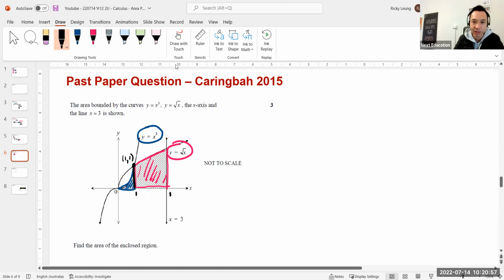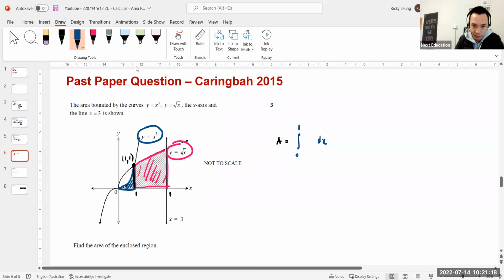So let's set this up. So total area, right? For the blue one, maybe I'll use the blue pen here, between the limits of 0 and 1 of this function here, it is always, in this case, all the questions we've done so far have been dx, because it's always been moving along the x-axis, right? Now, I need the y value, right?